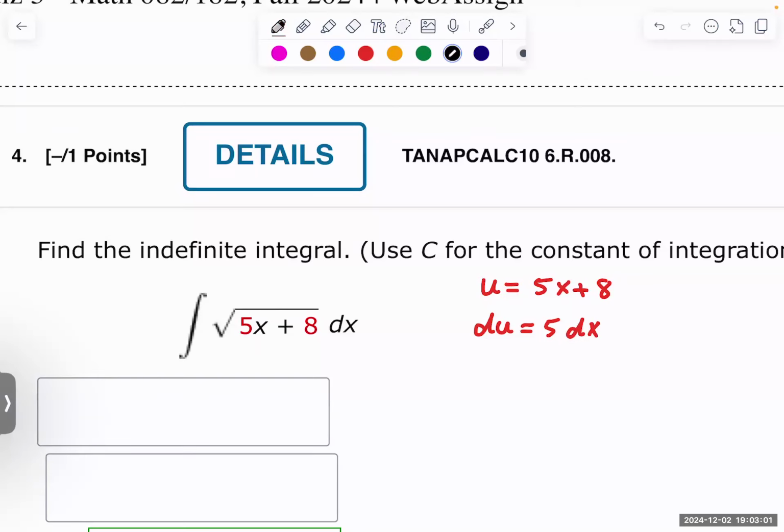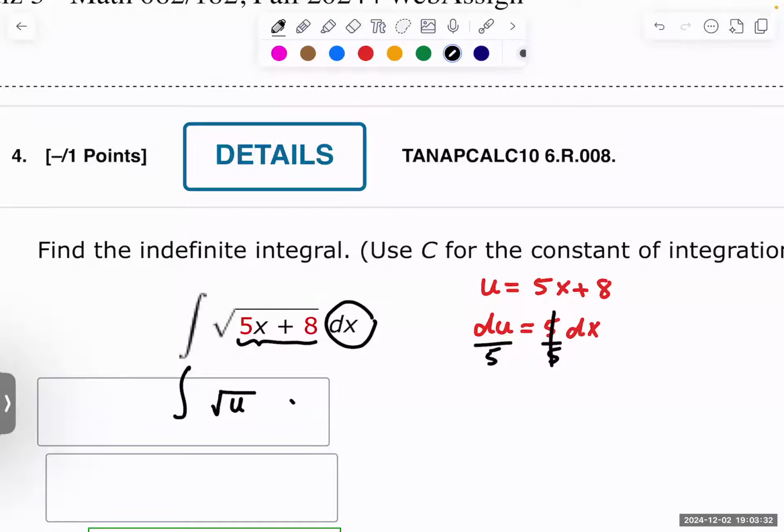Okay. So you divide both sides by 5. dx is a radical u. Instead of 5x plus 8, I put u.